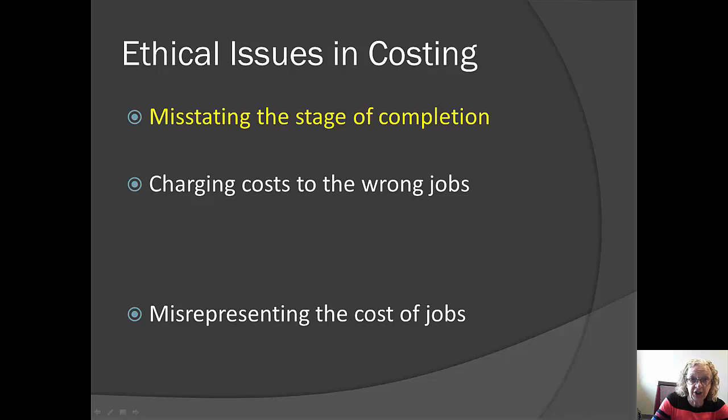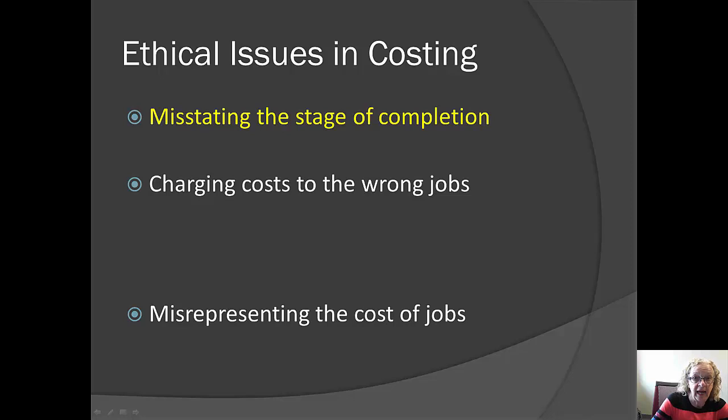The last issue in this chapter is ethical issues relating to costing. Human beings are natural game players. That is, if they see a way to manipulate the situation to their advantage, they're likely to do that unless they suspect that they could be caught.